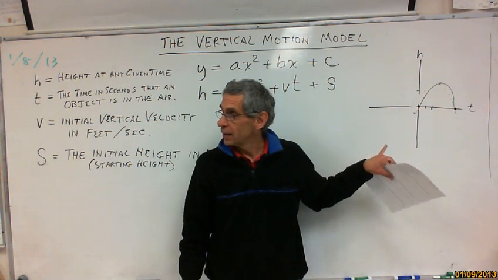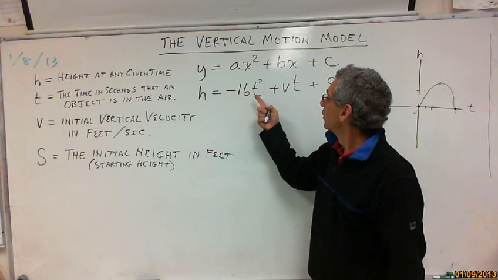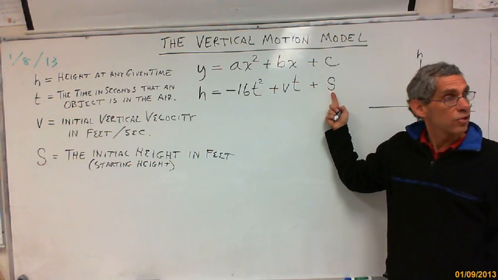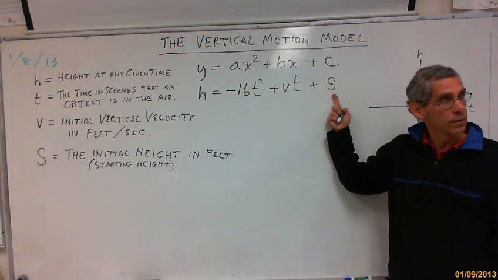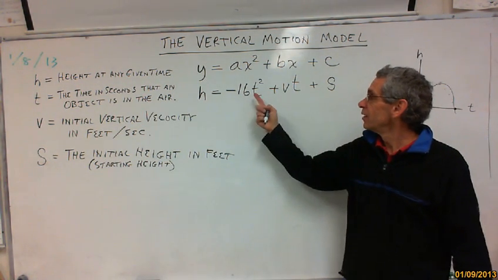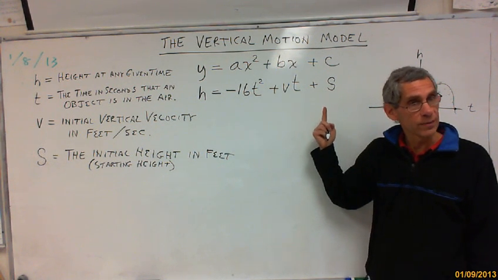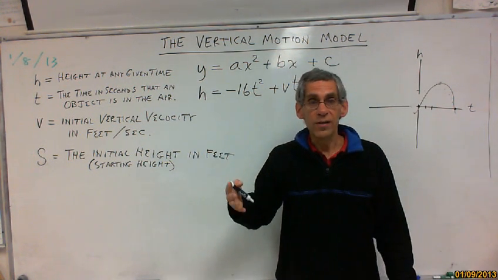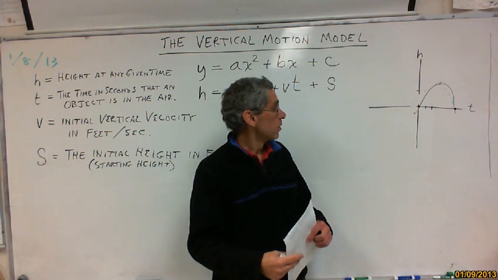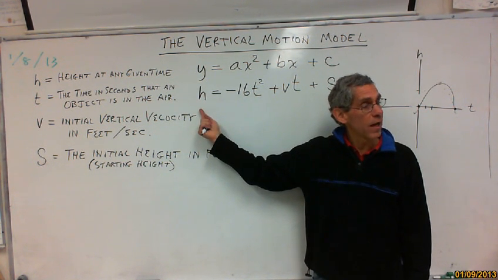So I'm asking, with a word problem, if I give you the initial vertical velocity and the initial starting height, then the only unknowns are going to be the h and the t's. Does that make sense? After how many seconds will I land on the ground? What will be my final height when I land on the ground?